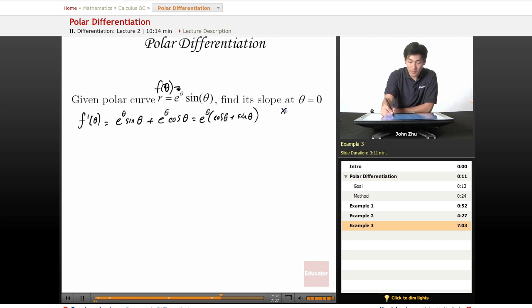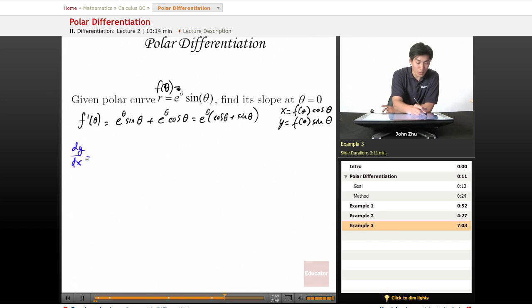And we know our x equals f of theta cosine of theta, and y equals f of theta sine of theta. So let's go ahead and apply our formulas. dy/dx will equal dy/d theta, derivative of the first term, e to the theta sine of theta, plus, or let's use our simplified expression, e to the theta cosine of theta plus sine of theta.